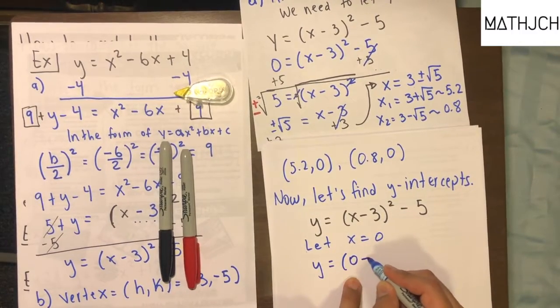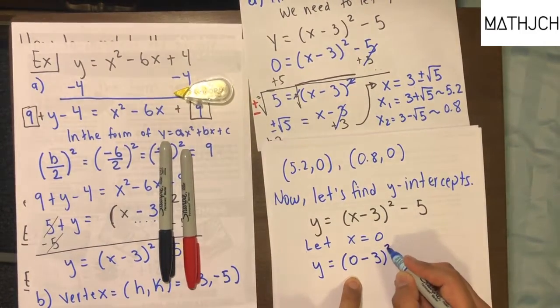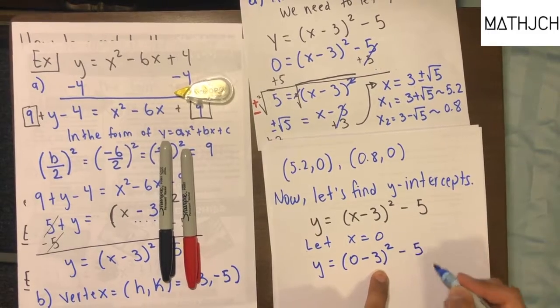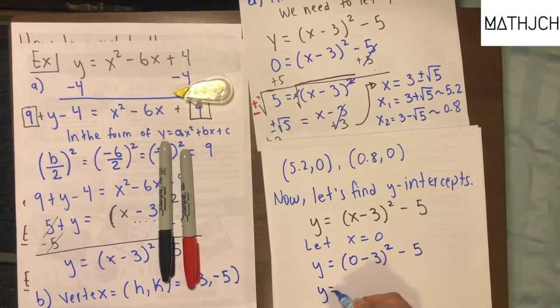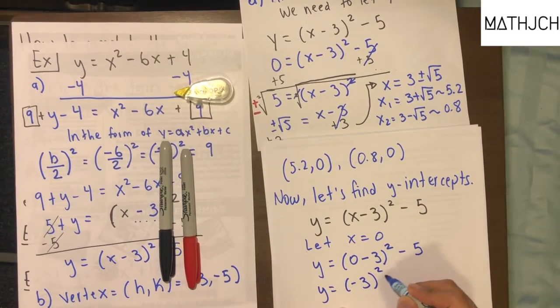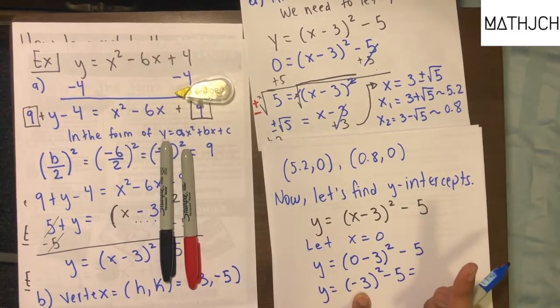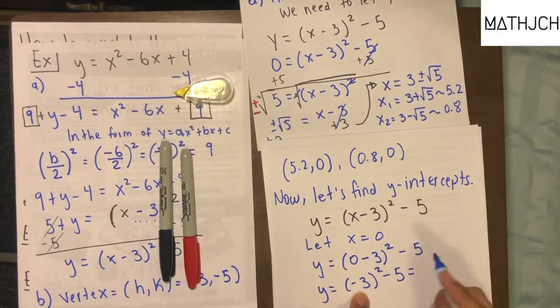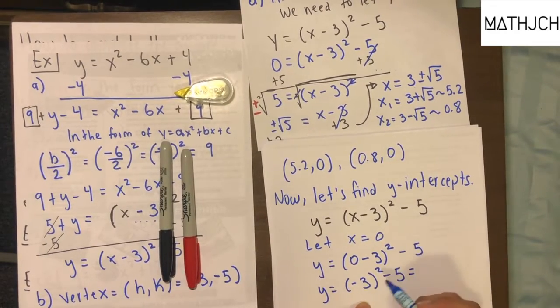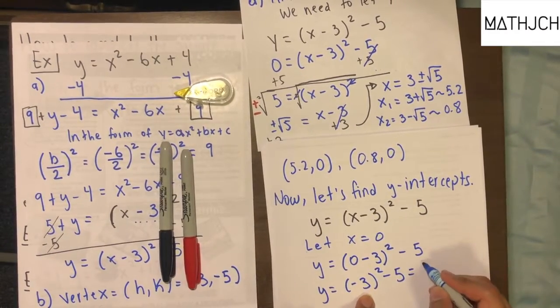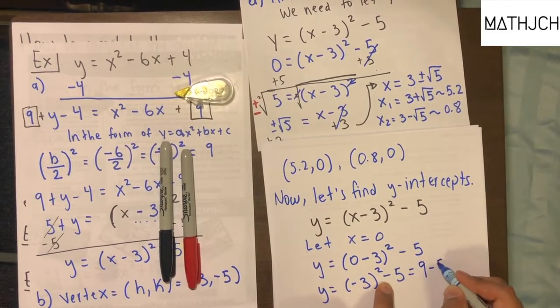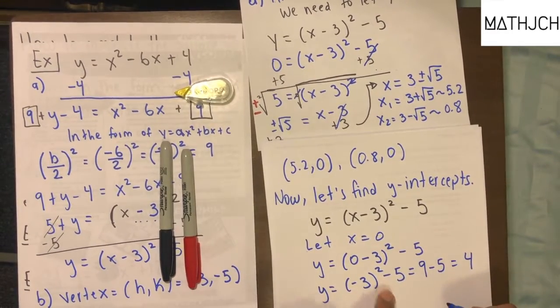So we have (0 minus 3) squared minus 5. That leaves us with negative 3 squared minus 5. Remember that we need to work on our exponent first. Negative 3 squared is 9, minus 5, that is 4.